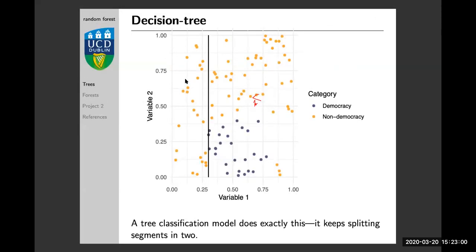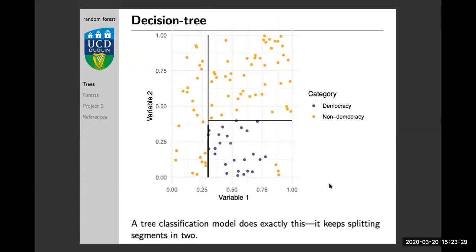So the tree classification model does exactly this. Let me remove the drawings. It splits the space in two. Every time, on the one side it has a higher probability of non-democracy or democracy, and on the other side it has a lower probability. So for example, we can first split the entire area into 2 areas, where variable 1 is greater than 0.3 and where it is less than 0.3.